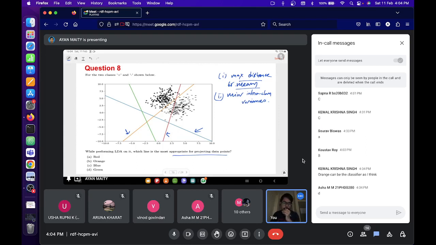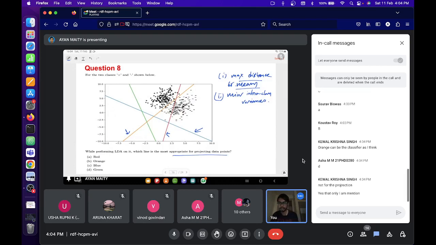Yes, so we are not talking about the classifier or the separating line that we get from LDA. LDA is also used for feature reduction. Similar to PCA, we try to find the directions along which, if we plot the data, it is better for classification in future.